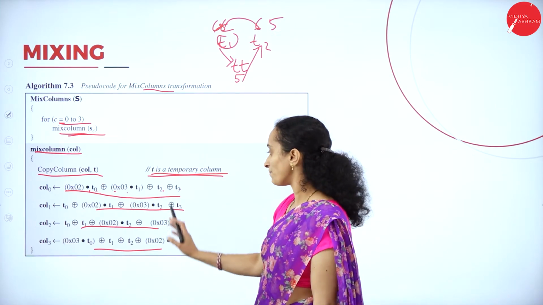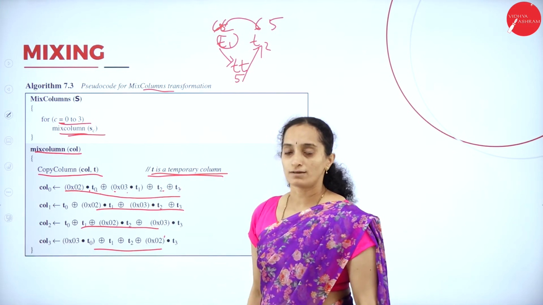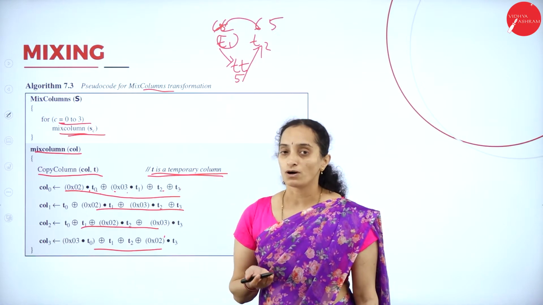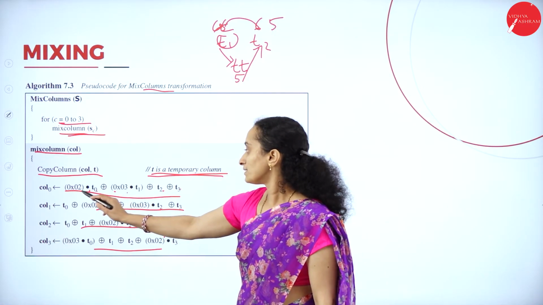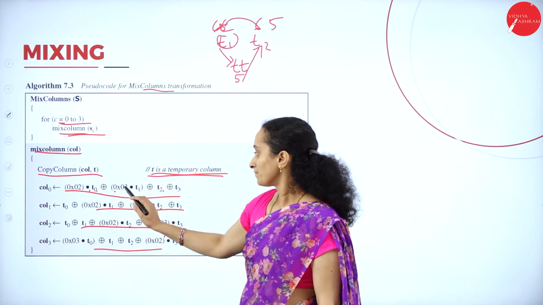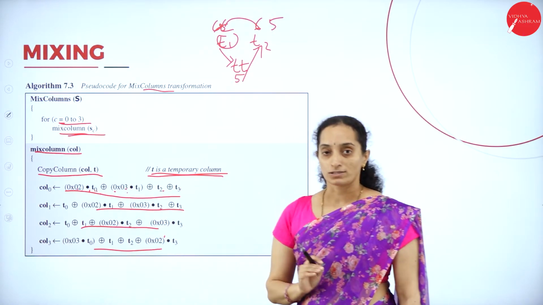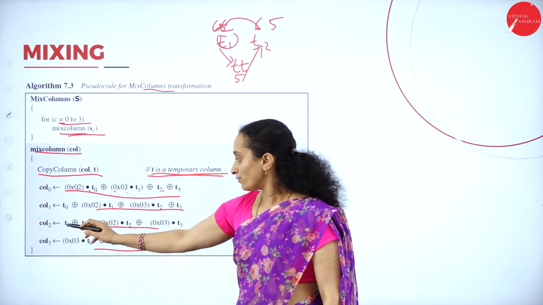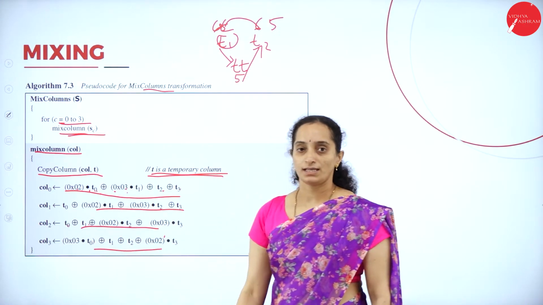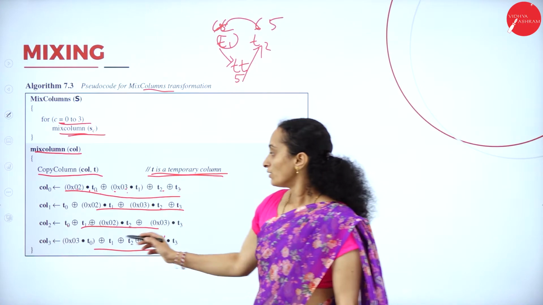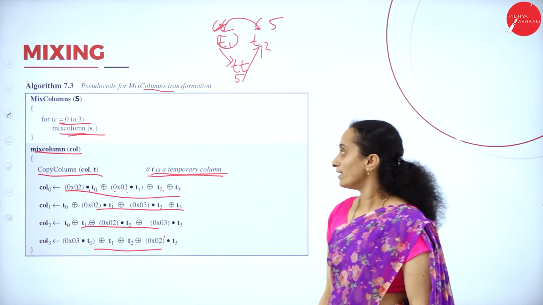The XOR operation is applied for each column value so that the new column can be obtained. These are the old matrix values, 03, 02, and all the others are the constant matrix. The value at T0 will be changed and you get the new column values.